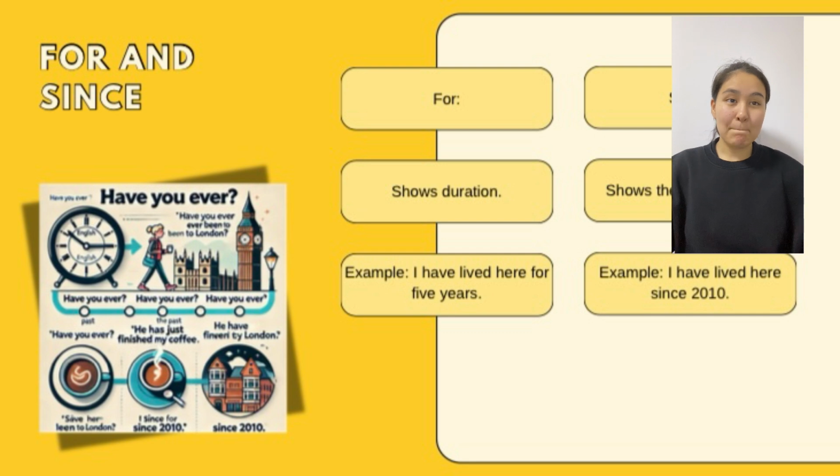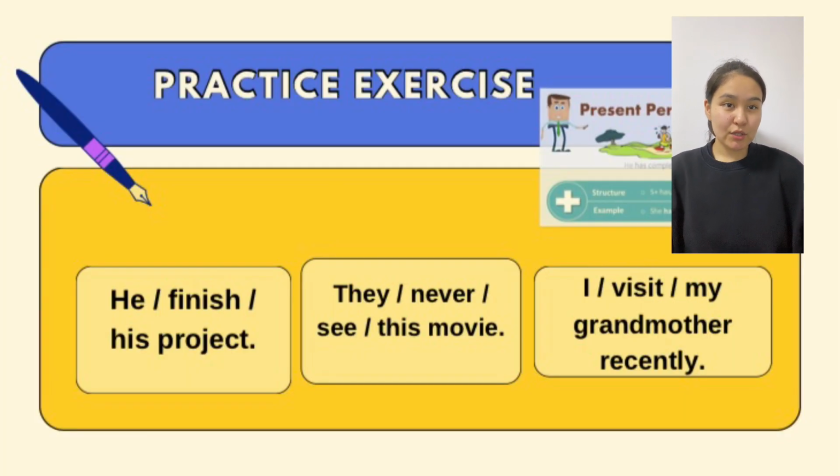Let's do the practice exercise. As you see in there, the practice exercises, let's do together. He finished his project. Answer is he has finished his project. They never see this movie.